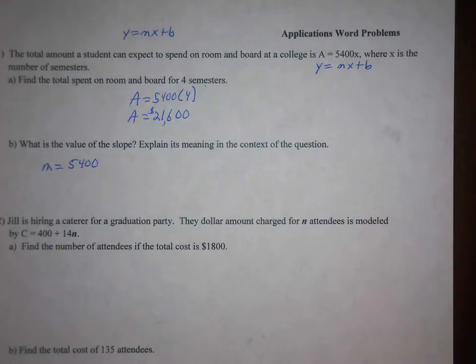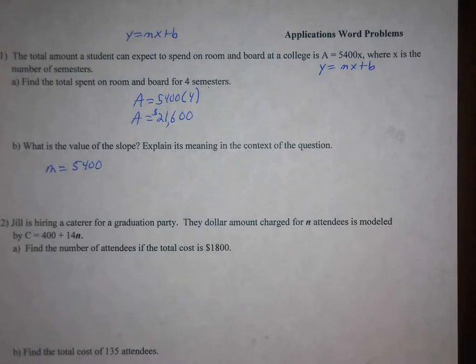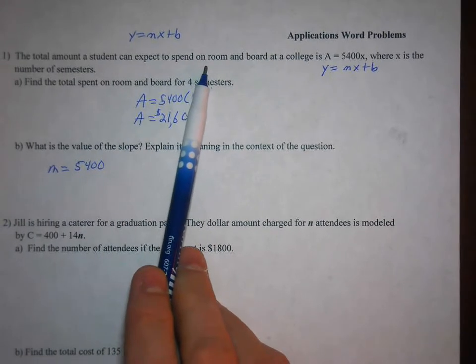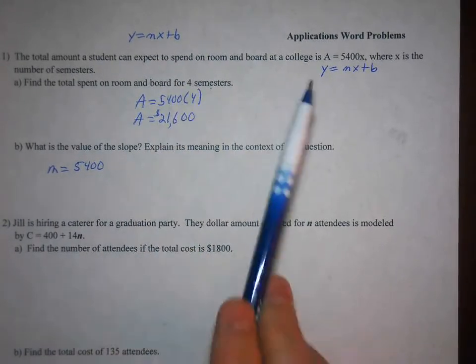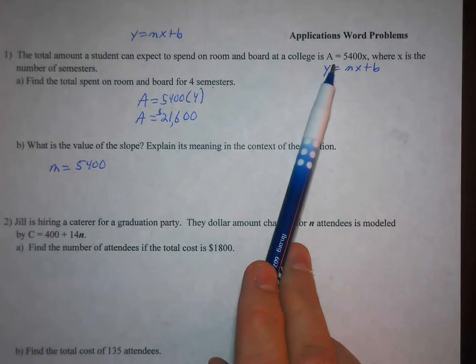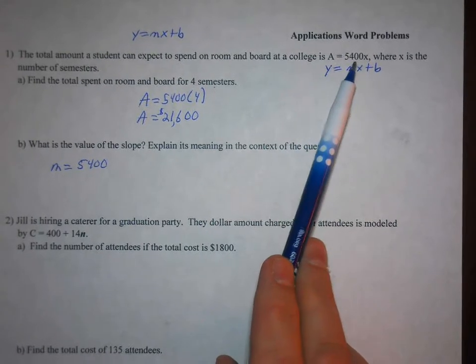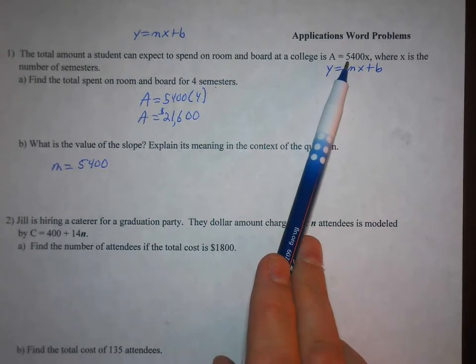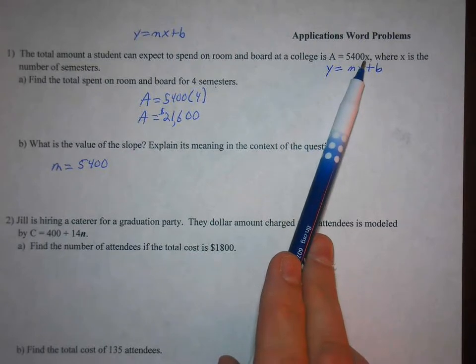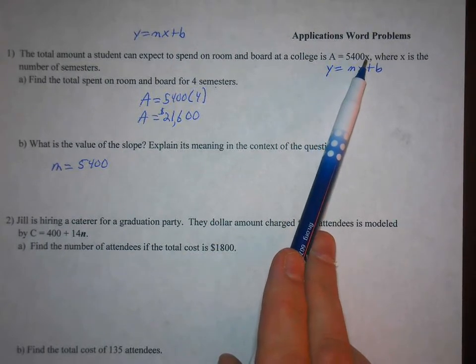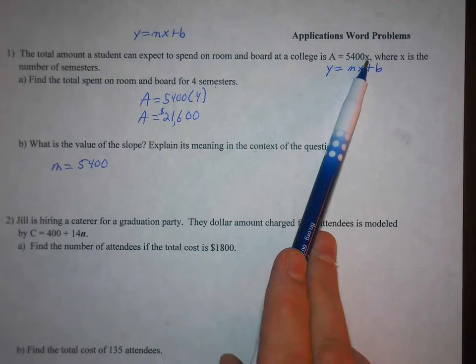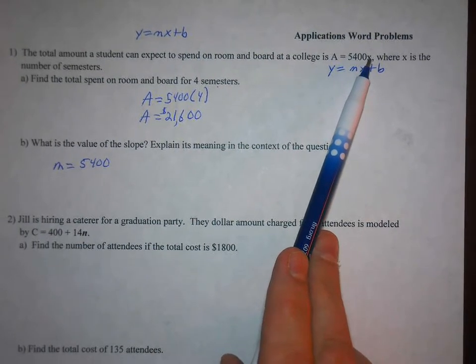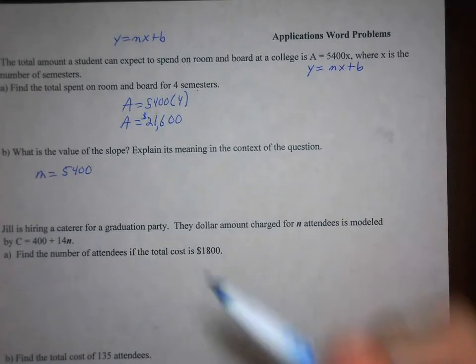Well, now we need to understand what that 5,400 means in the context of the question. They tell you the total amount spent on room and board is given by this equation. So we need to think about what that 5,400 is telling us. Well, when x is 0, after 0 semesters, you would pay $0. If x is 1, that would be 5,400.